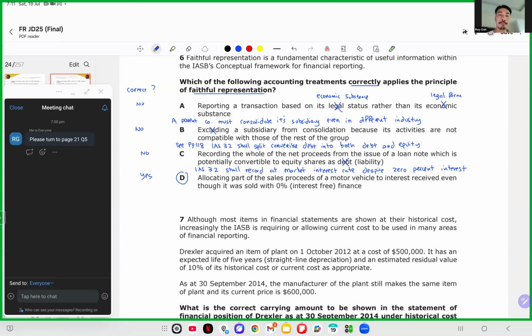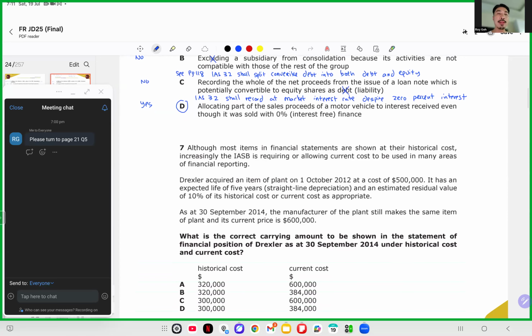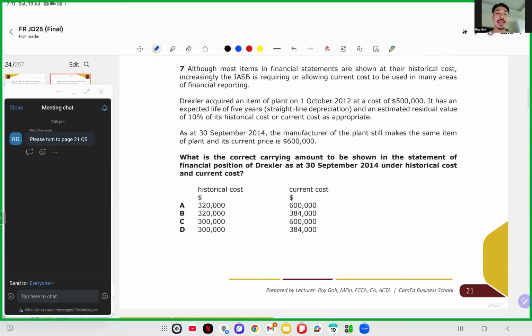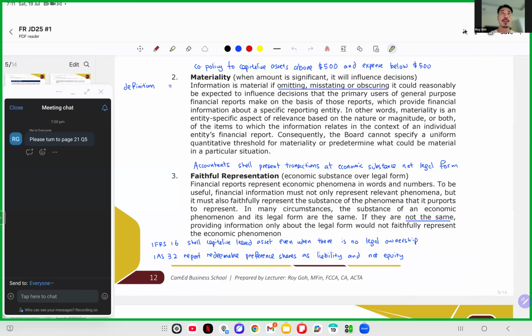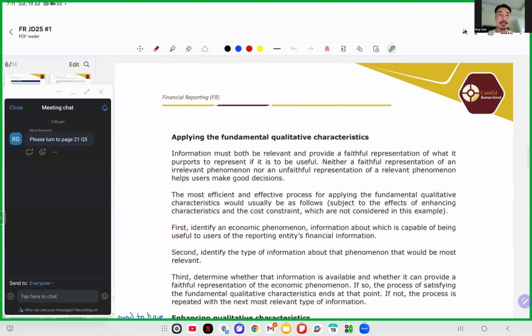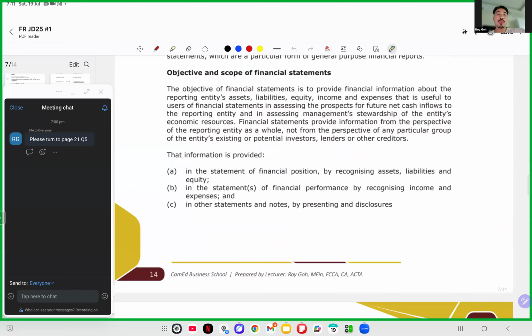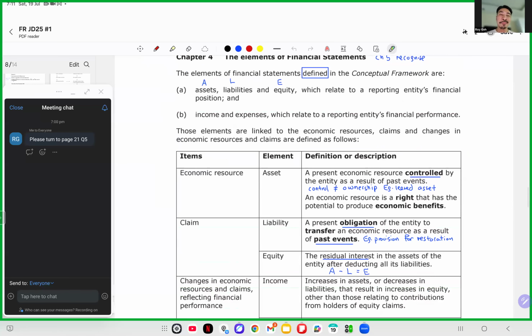Next one, a little bit of calculation. Still on page 21, but question number 7. Last week, no, on Monday this week, we also learned chapter 6 of the framework. So I try to relate to the knowledge.